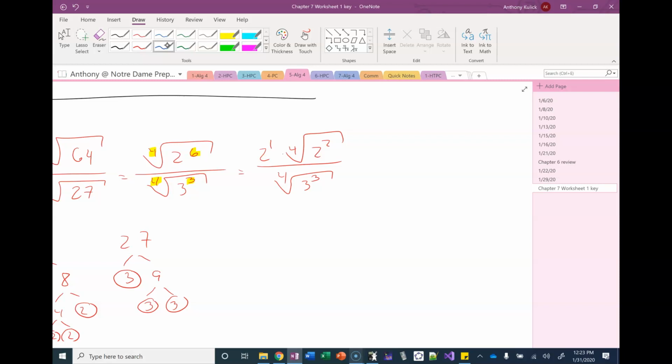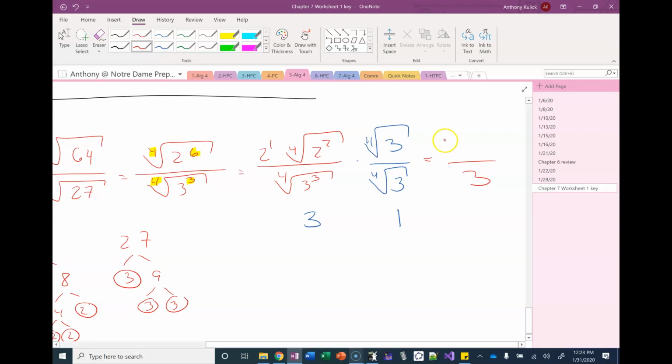So I'm going to multiply the top and bottom by the fourth root of 3. So I have 3 3's here and one more there. That gives me 4 total 3's. So I can do an exchange, right? That'll give me 1 3 on the outside and no 3's left underneath the radical. So I just have a 3 now.